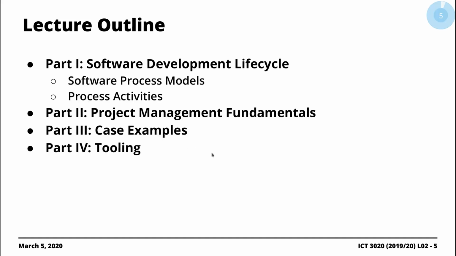Okay, so what we're going to do in part one really is just looking at the different software process models. First we're just going to introduce the logical phases associated with a typical software development project. And then we'll also gloss over some software process models that exist out there, right?